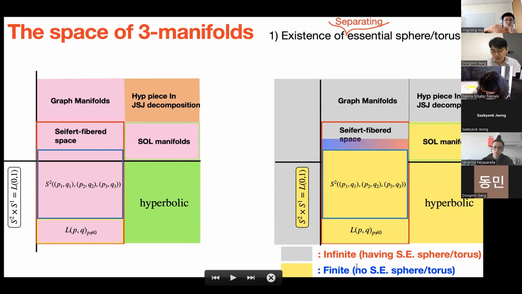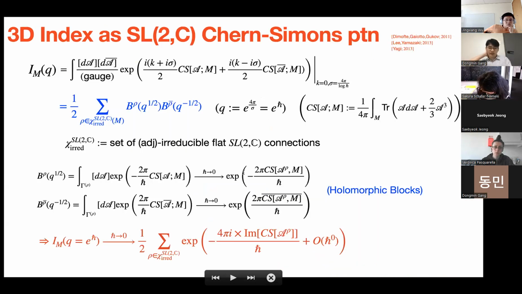And let me give another argument: the 3D index can also be written as some SL(2,C) Chern-Simons series, which has nice factorization properties, and this holographic block has a nice perturbative expansion in the Q equal 1 limit.